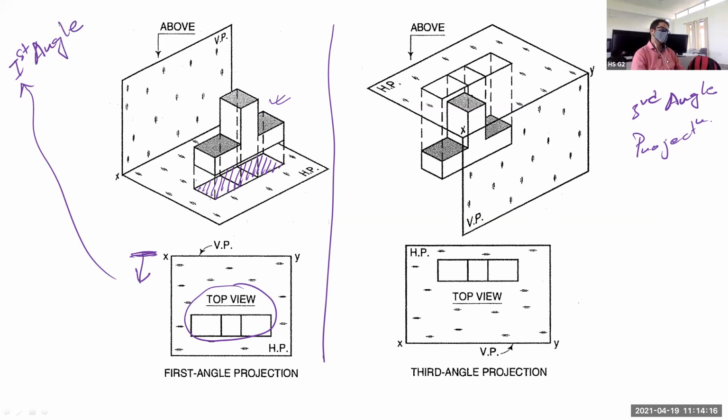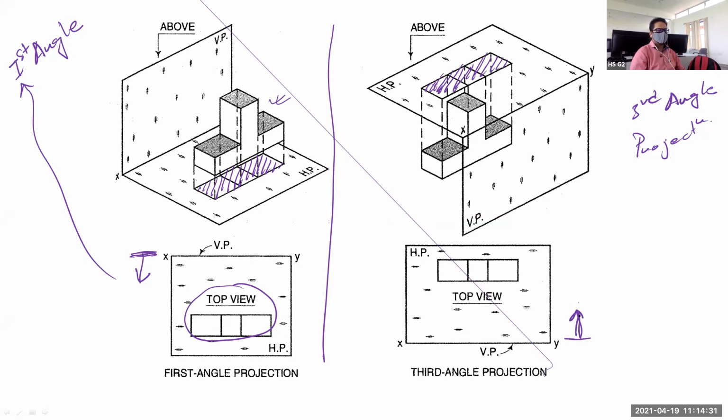Whereas here you can see the projection of your top view is coming over here. Okay, so that is above your XY line.